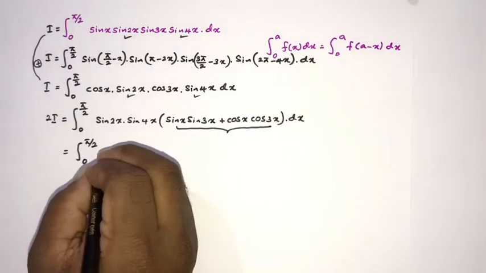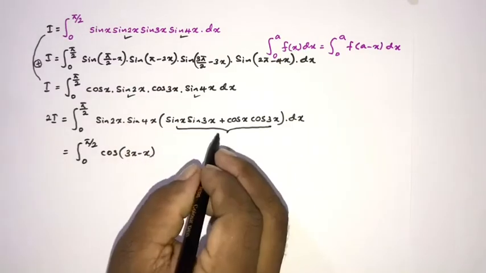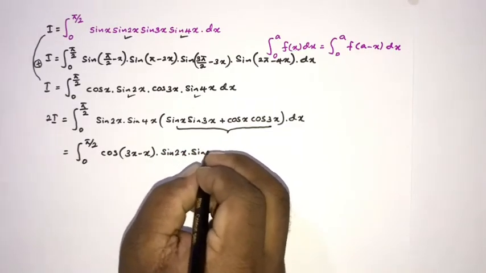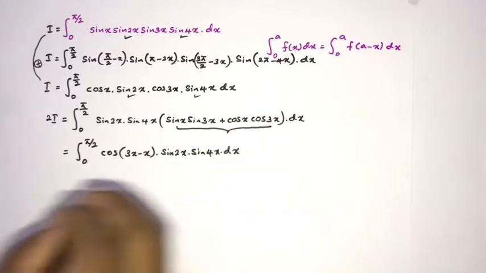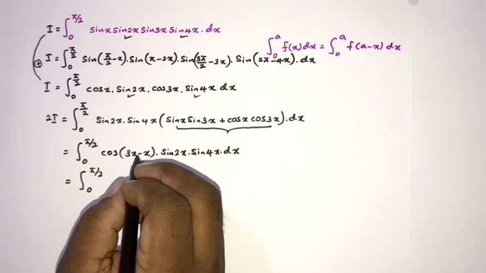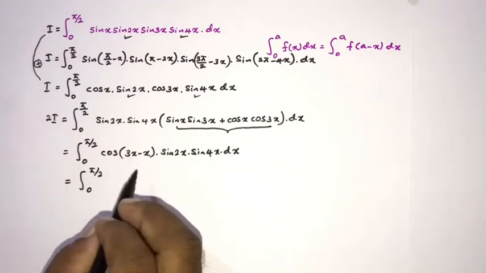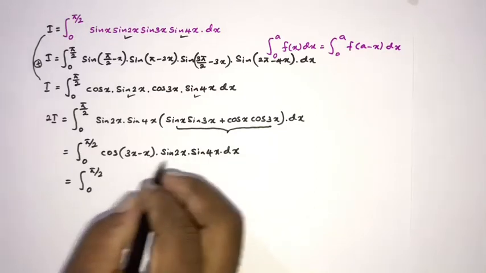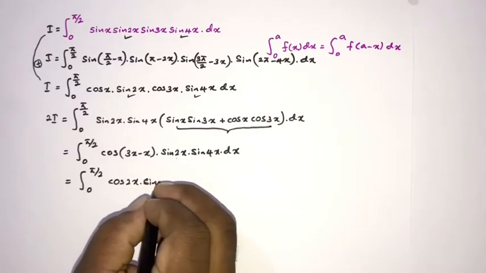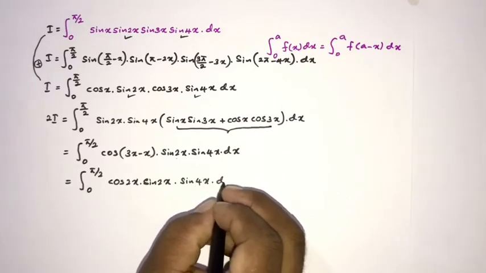So we have cosine of 3x minus x, times sine of 2x, sine of 4x dx. Cosine of 3x minus x means cosine of 2x, so here we have sine of 2x, cosine of 2x, sine of 4x dx.